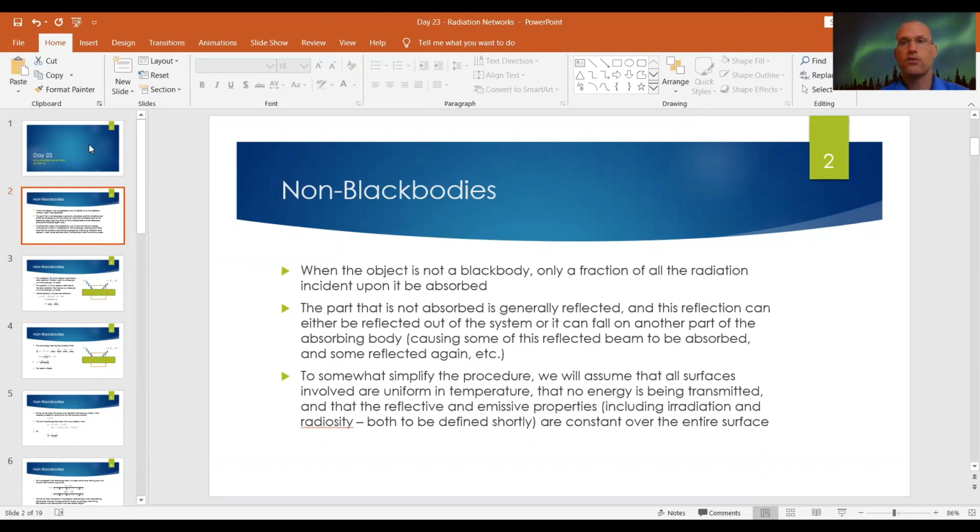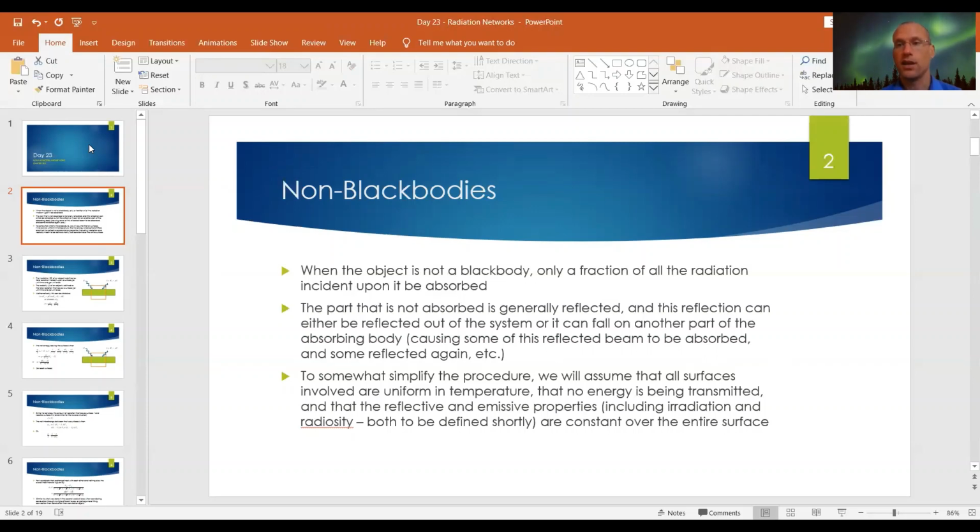Now, when these reflections happen, interesting things can happen. That reflection can either take that energy out of the system completely, or it can reflect it back onto something else in the system. For example, if I have two objects interacting with each other, object 1 emits some radiation, and it then hits object 2. Some of that gets absorbed into object 2, but some of it gets reflected.